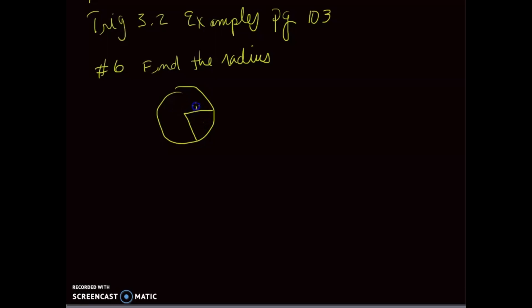All the way around from here to here is 7 pi over 4. And all the way around here, they say is 14 pi. That's the length.